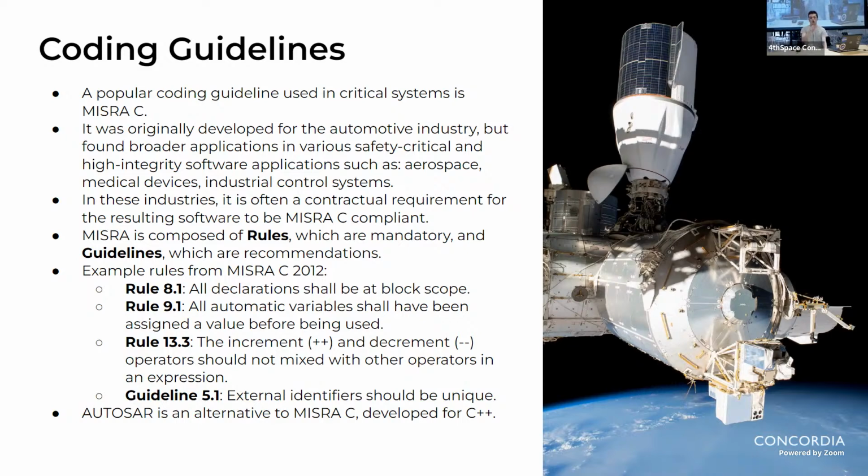Instead of accessing your array and then putting your index and then putting plus plus into it, which will work, you want to try to avoid that and separate that increment or that decrement and put it on the line after, which will help make your code more readable. And then here's an example of a guideline. External identifiers should be unique to avoid conflicts when you start importing different libraries or different sections of your code.